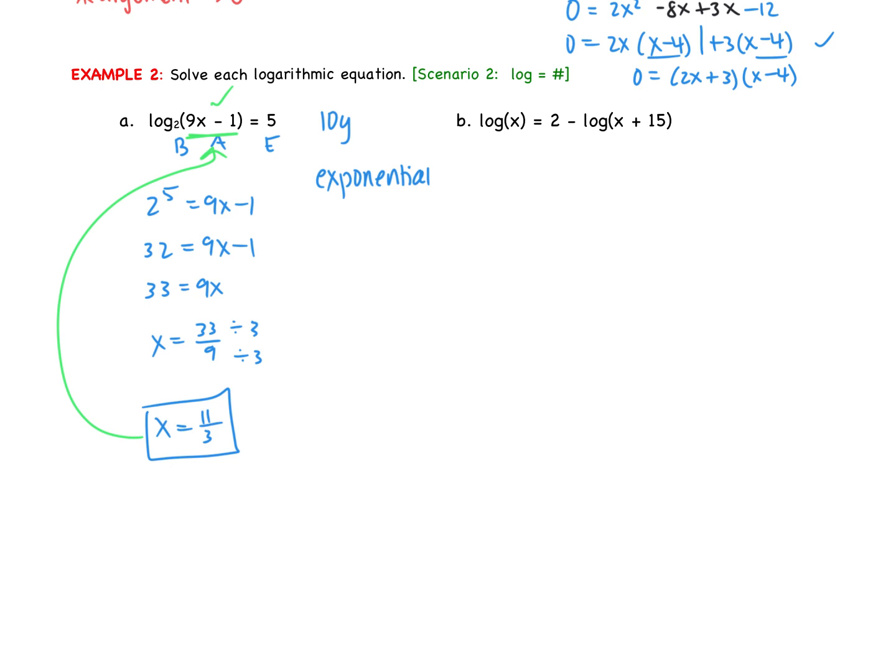So instead, it might be helpful if we were to move this log to the other side. So we're going to have log of x, add log of x plus 15, is equal to 2. We already decided we can't cancel the logs out. Can we switch forms at this point?